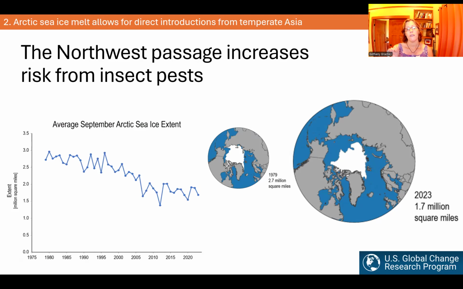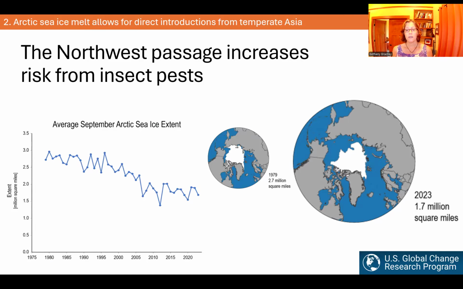And then it has to survive a bunch of time on a truck coming across the country through a lot of dry desert places, which are not particularly hospitable to temperate pests. And all that happens before it gets introduced into a northeastern forest.